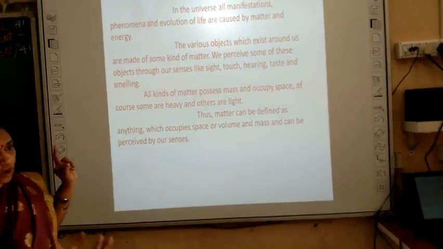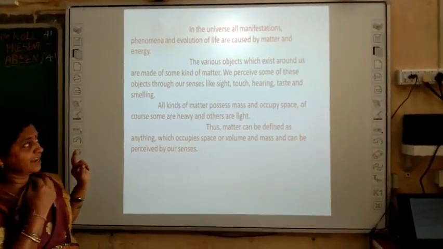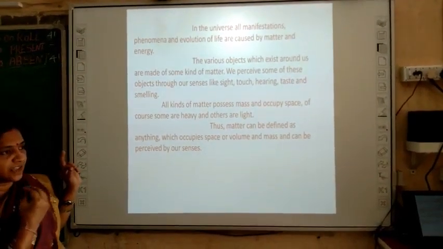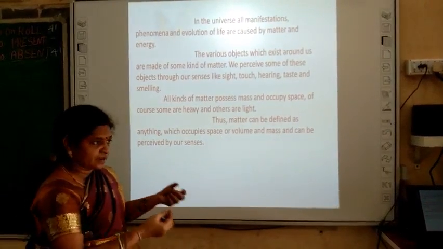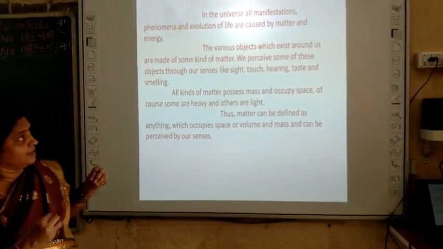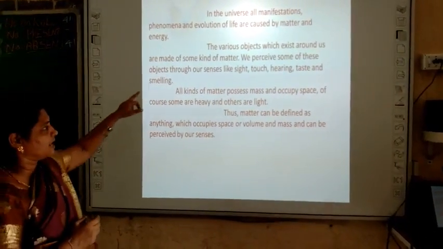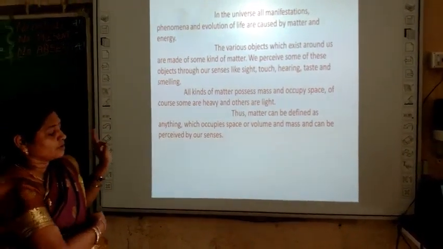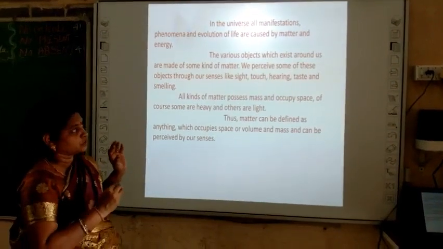Sight, we can see the object, and we can touch some objects. Hearing, we can hear voices and other sounds. Suppose a plate falls down, we hear the sound. That is also one type of matter. Next, taste, we taste everything, and smelling. So we perceive some of these objects through our senses.